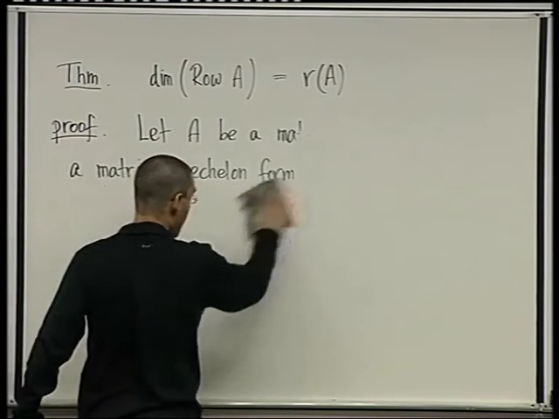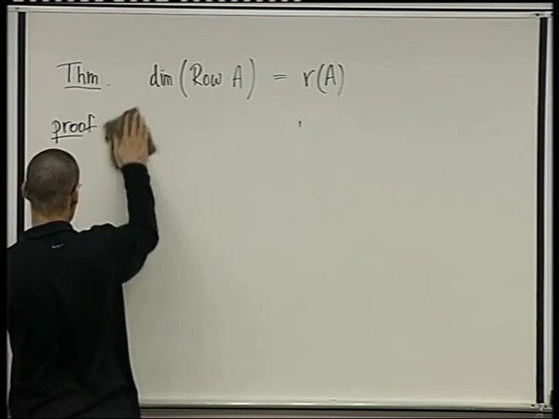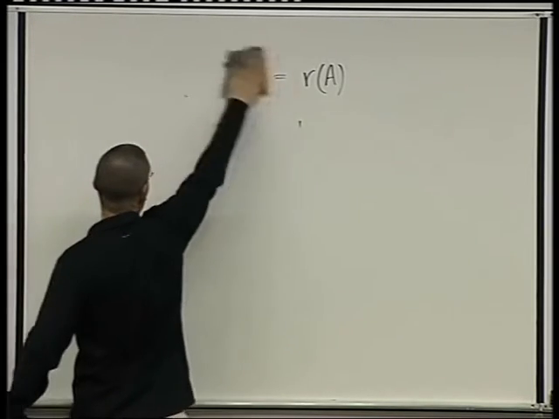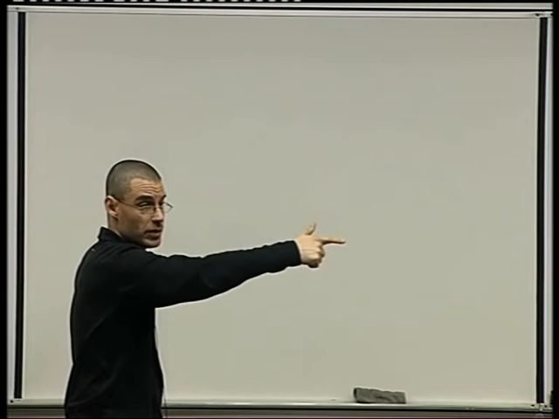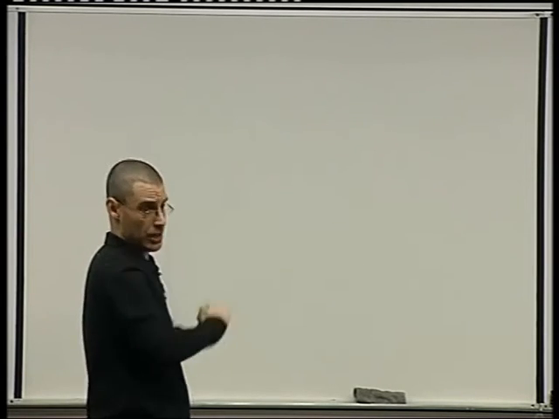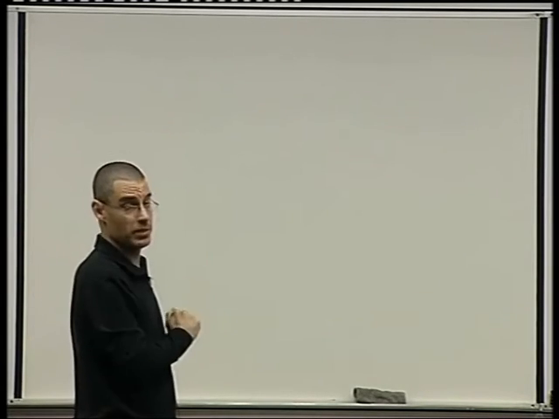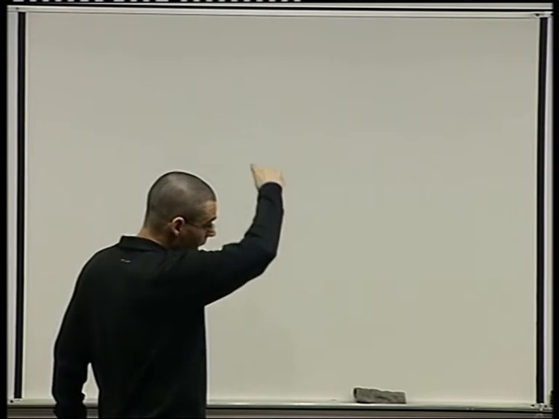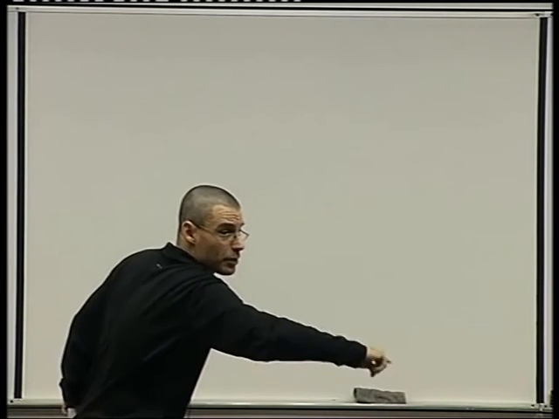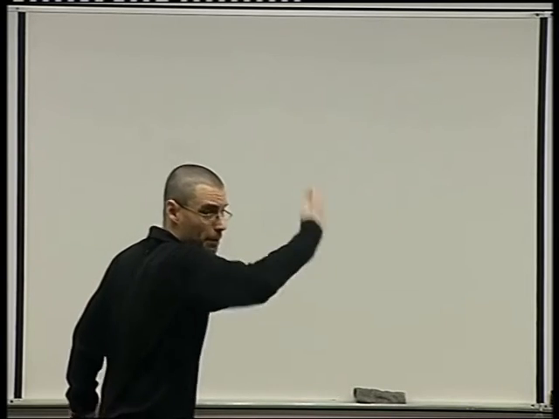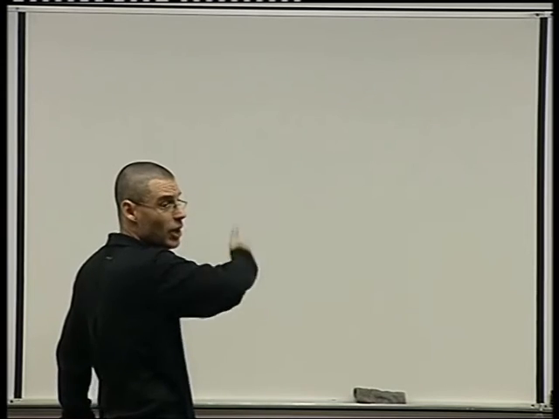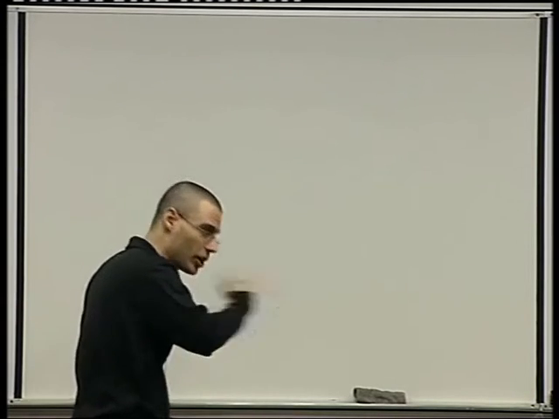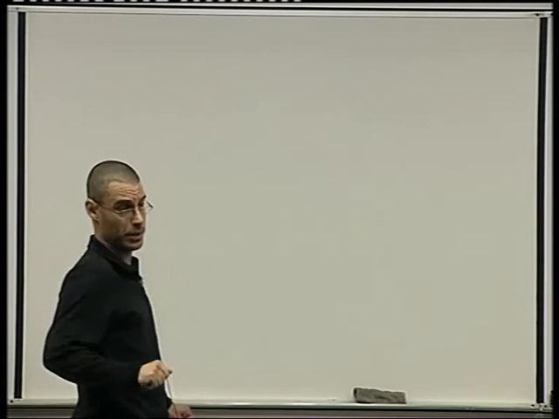If we want to define the rank by columns, then it would have to be: do column operations, reach the column echelon form, which is not the same as the row echelon form, and count how many non-zero columns you have after you did column operations.